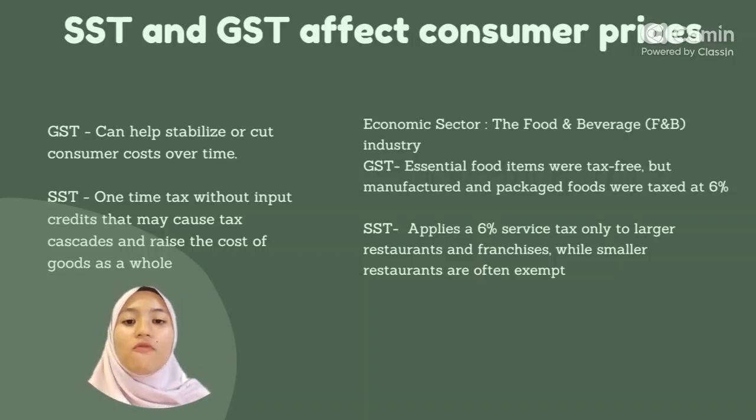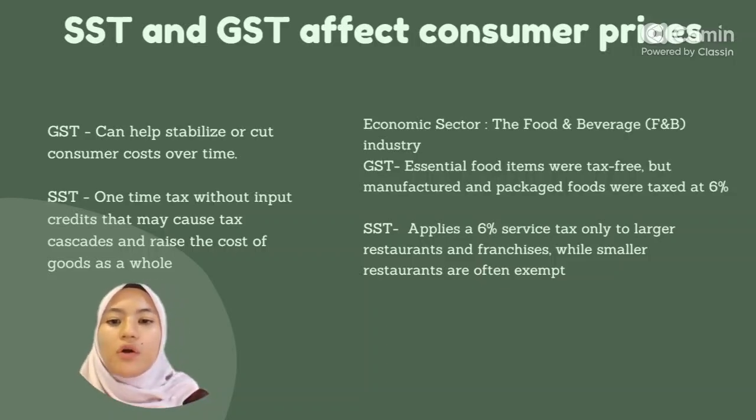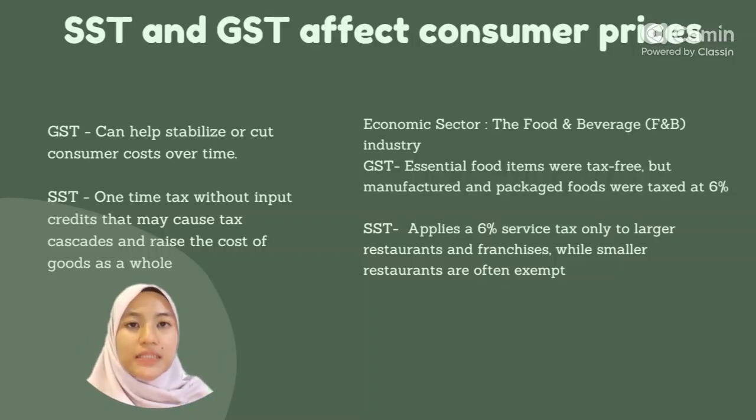Okay, so for the economic sector, we choose the food and beverage industry because in the food and beverage industry, essential items were tax free under GST, but many packaged foods and restaurant meals were taxed at 6%, increasing final prices. While under SST, most small restaurants are exempt from the 6% service tax.